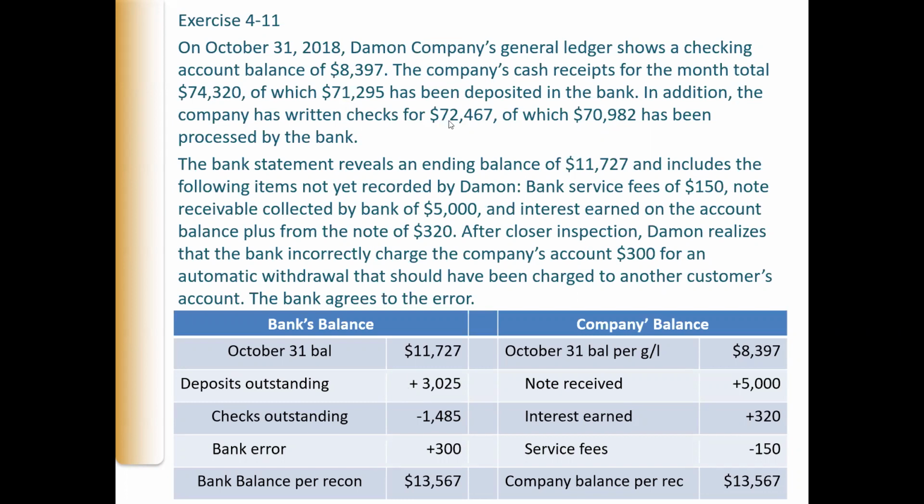The checks outstanding will be the difference between the $72,467 and the $70,982, or $1,485. And since the bank erred and took $300 incorrectly out of the account, we will adjust that and add back that $300. So our bank balance per reconciliation is $13,567.